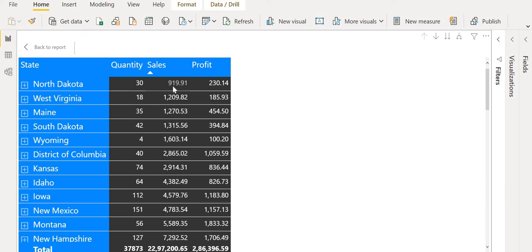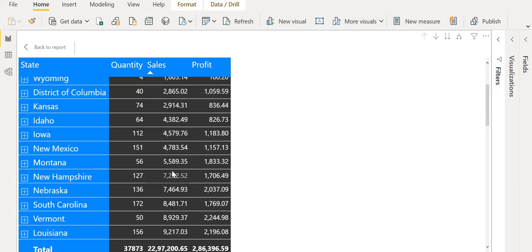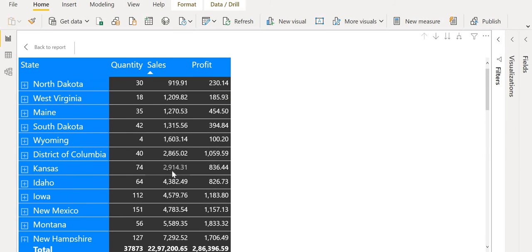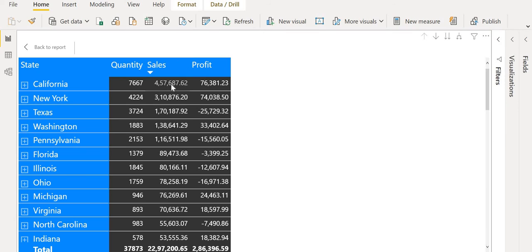North Dakota has relatively low sales, followed by West Virginia, then Maine, then South Dakota. And if we want to see in which state the sale value was the highest, we simply put it in descending mode. We can see that California has the highest sale.